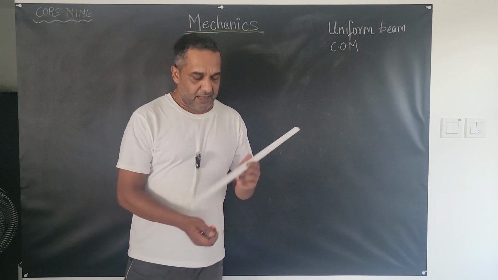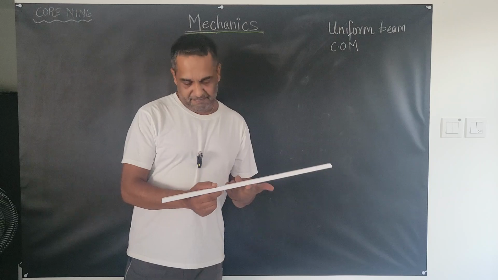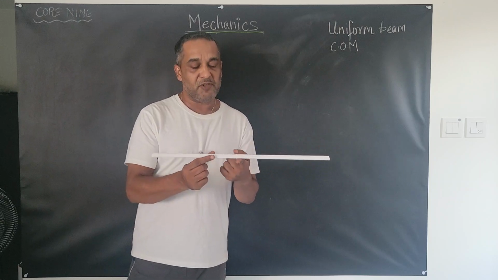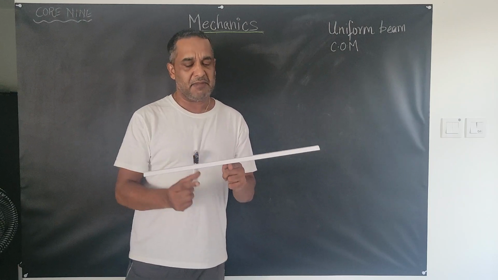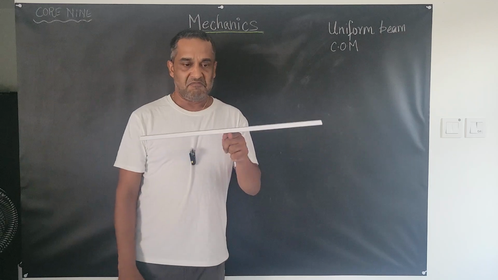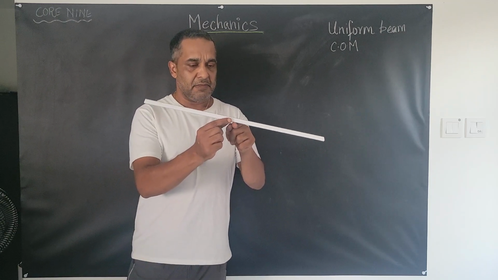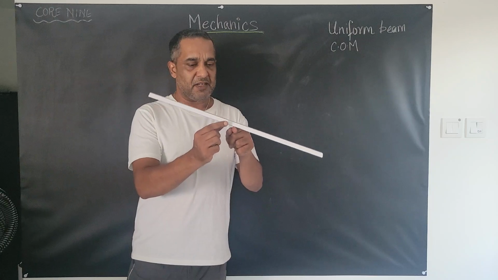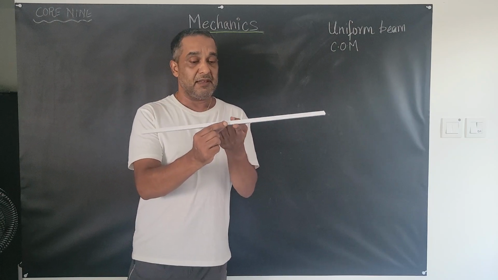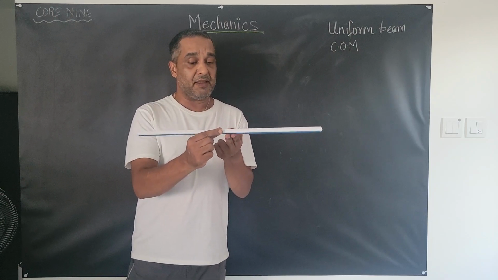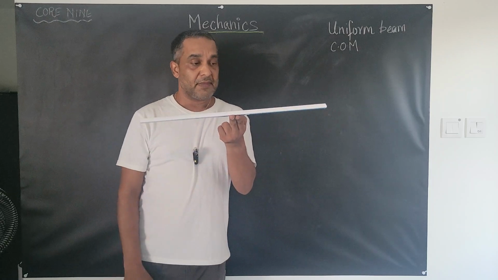So let me start off this way. If I want to hold this object right at its center, it's going to stay fairly balanced. A little bit of swing here and there, but let's see if I can do it. Clearly not. My hand is too slippery. But yeah, it stays.